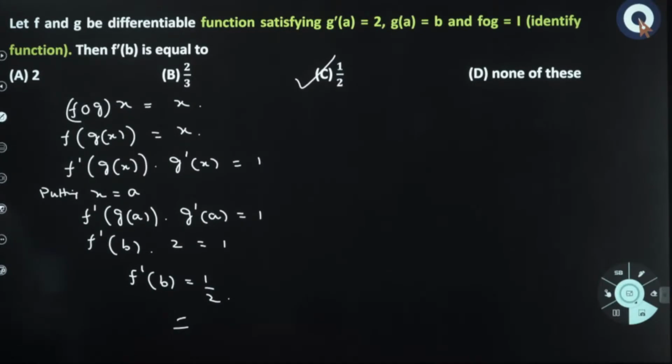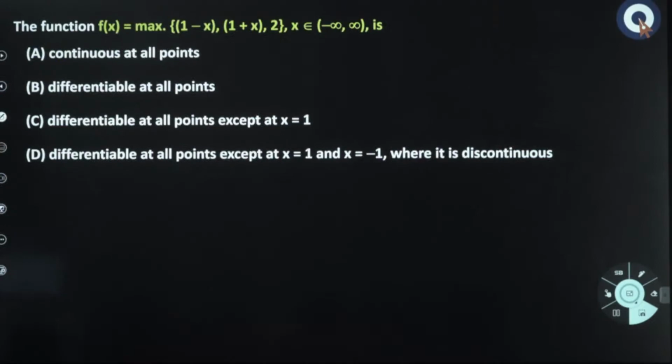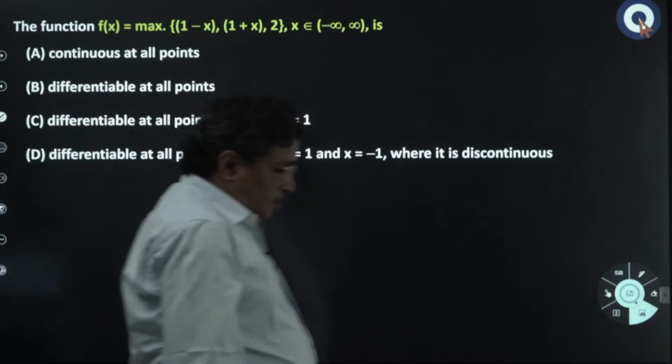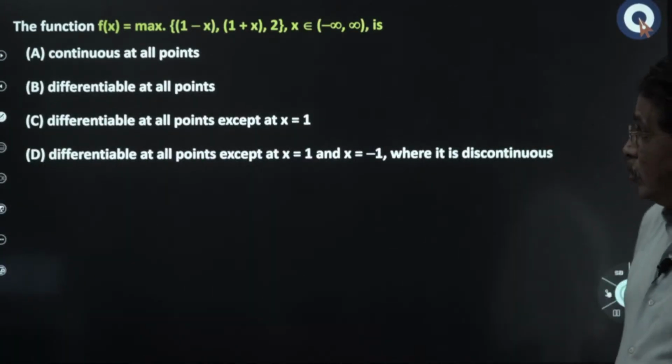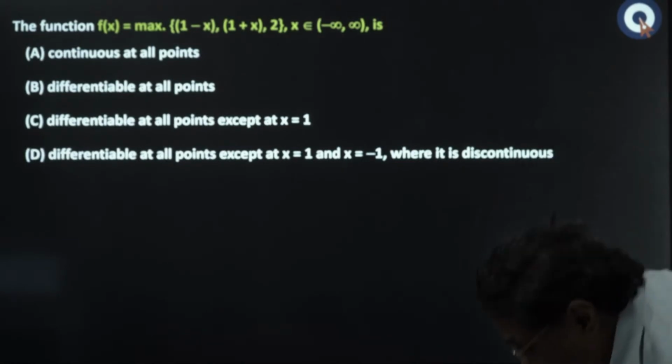Okay. So let me do one more problem. The function f of x is equal to the maximum of 1 minus x, 1 plus x and 2, x belongs to minus infinity to plus infinity. Where is it continuous? I will not be able to do it here because the space may not be sufficient.